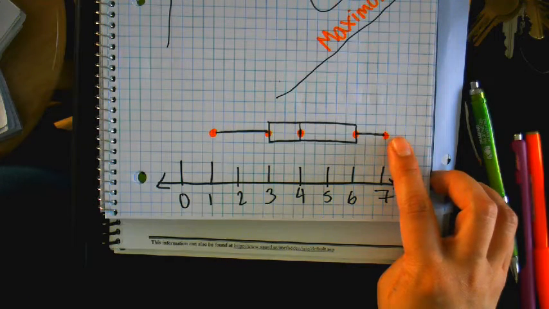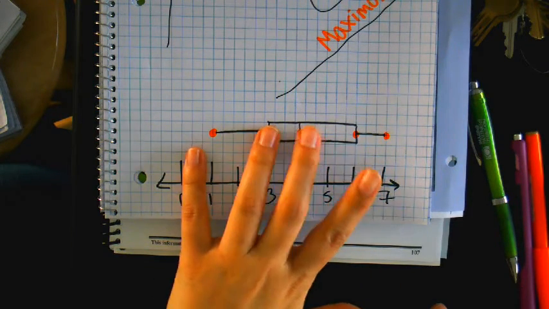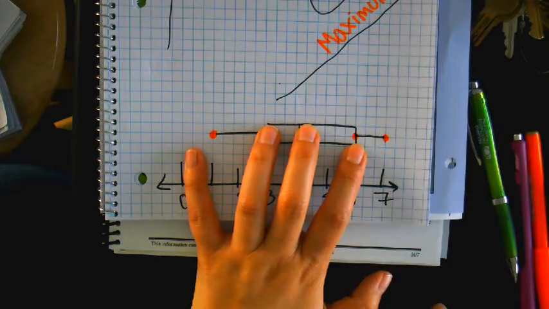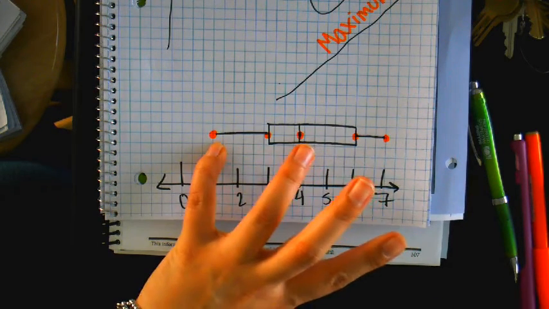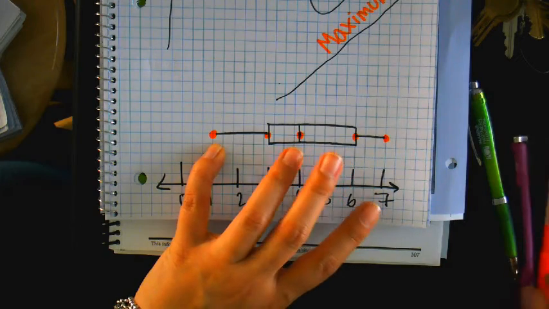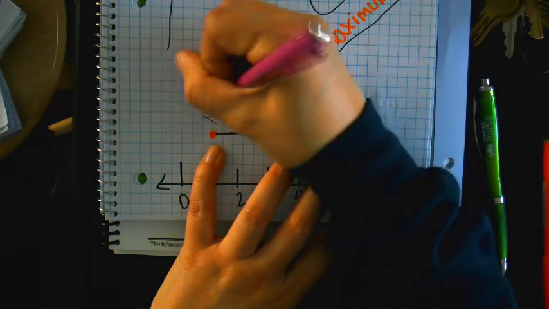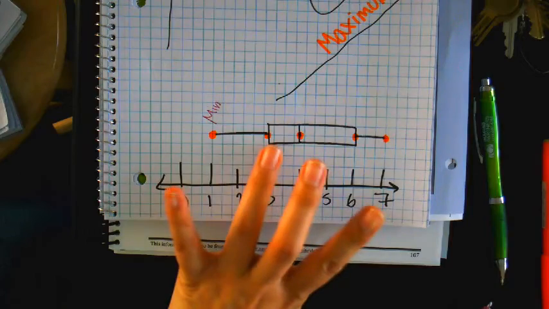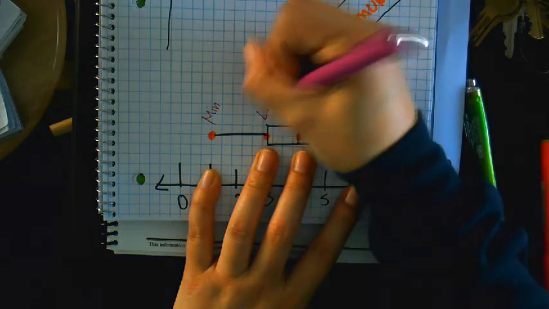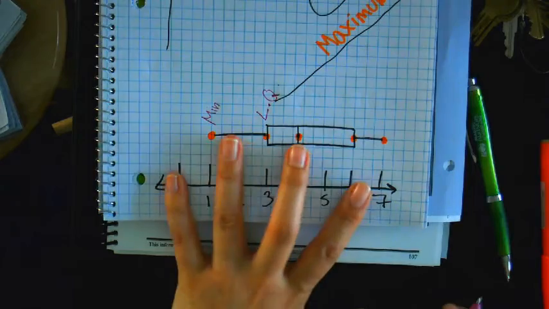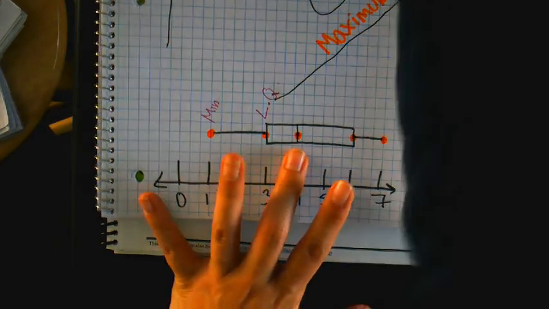Now, remember your left hand? Each dot represents your left hand in order. What does my first dot represent? Pinky, which means minimum. Second dot is my ring finger, the lower quartile. I'm going to write LQ. Third dot is my middle finger. What do we call it?